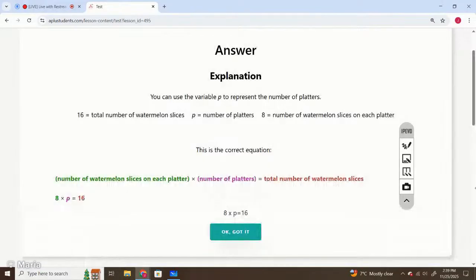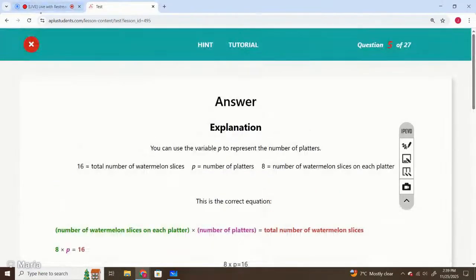Because the total portions are 16, so that is 8 times P equals 16.